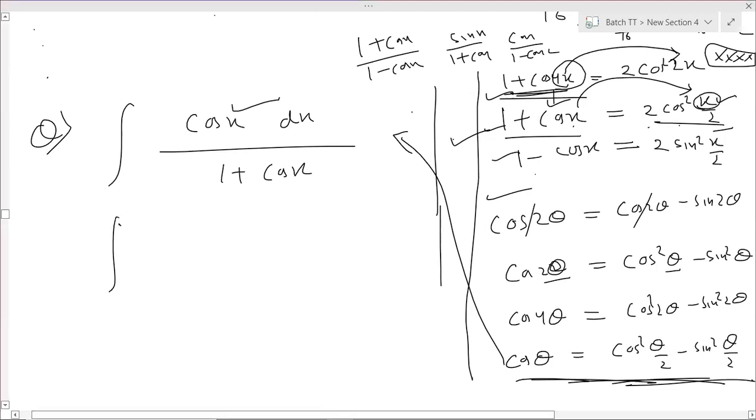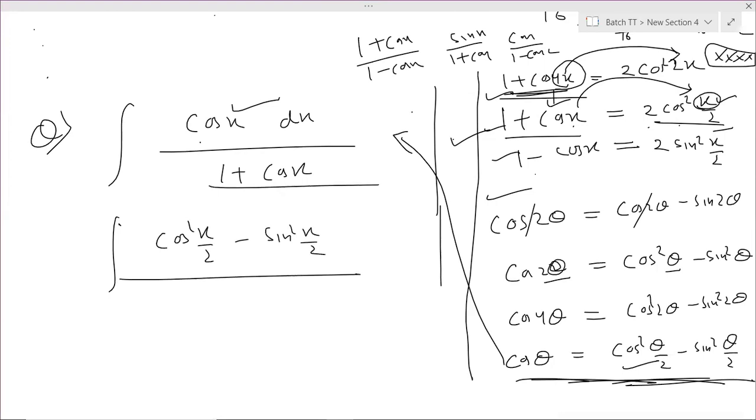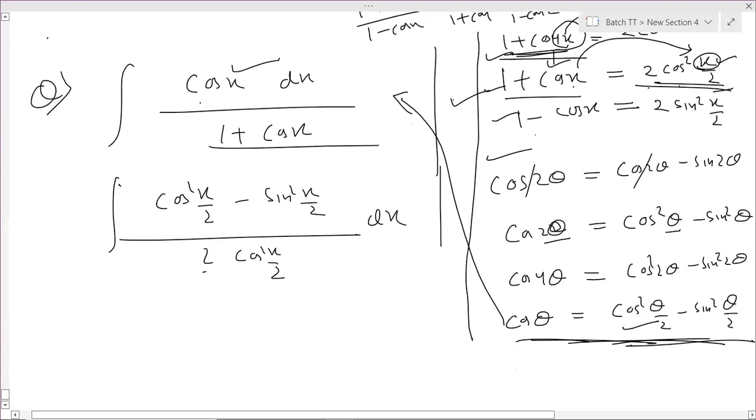So what we can do here, this is cos x. Cos x, we can write as cos square x by 2 minus sin square x by 2, upon 1 plus cos x, which is 2 cos square x by 2, dx. Very simple. Take this half outside. We do not like numbers inside of integration. Now we can separate this subtraction.